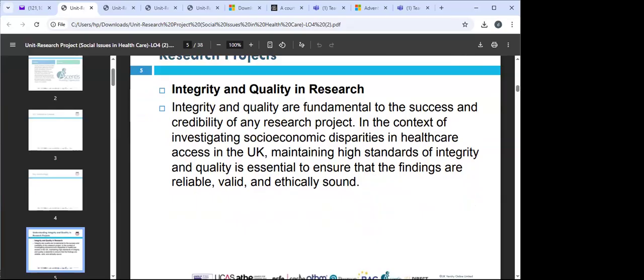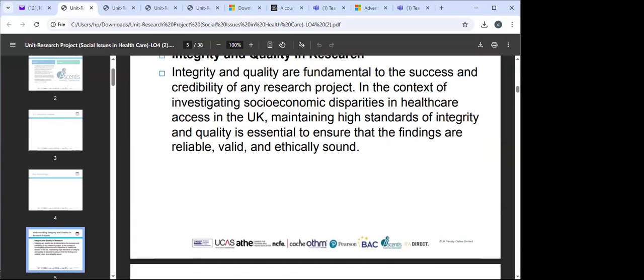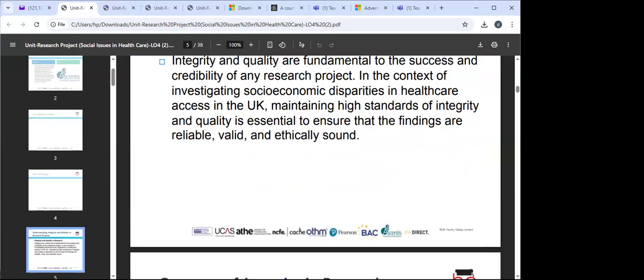Your findings ought to be reliable, very valid, and ethically sound.